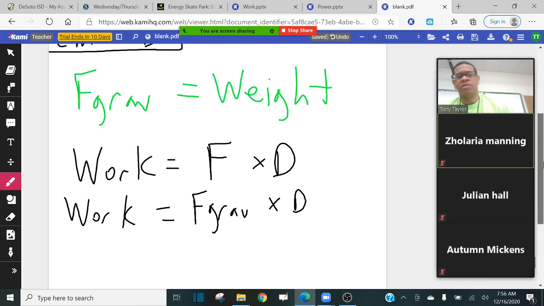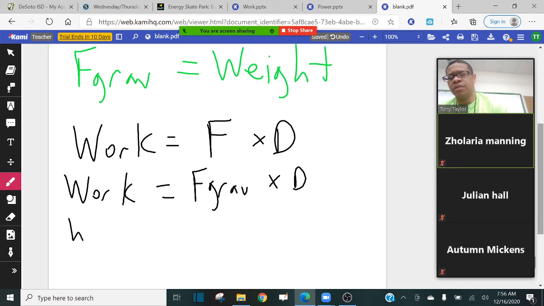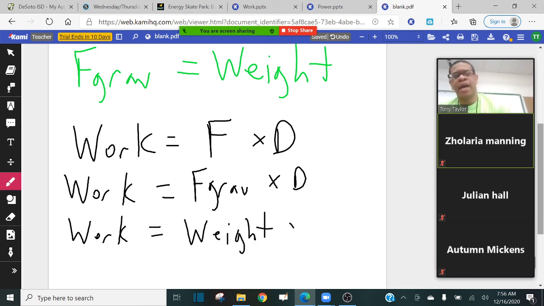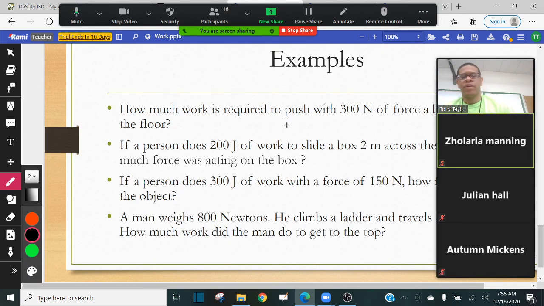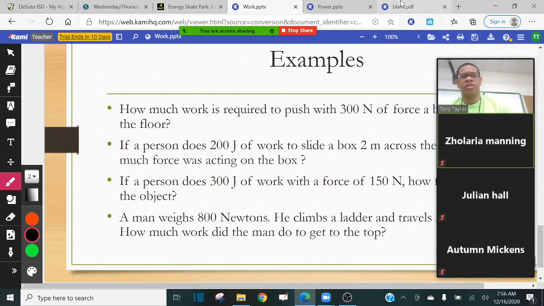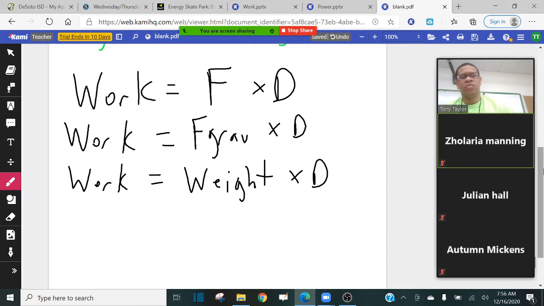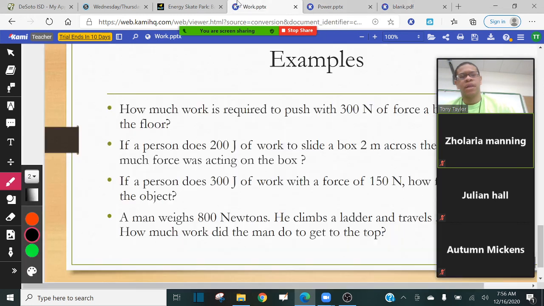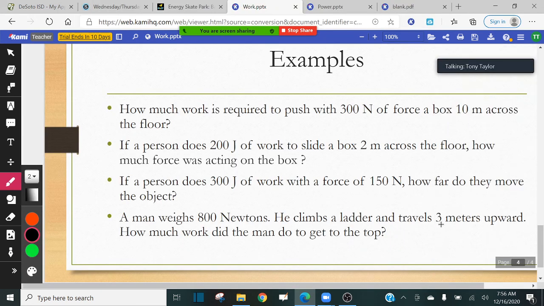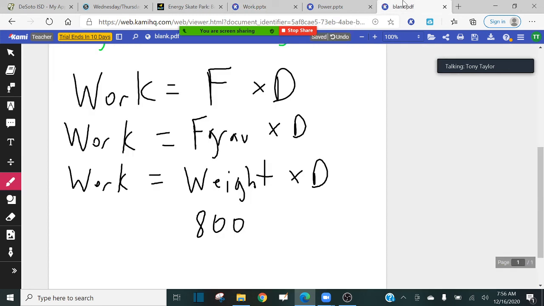So the work done by the man to get to the top is just equal to his weight times the total distance that he's traveled. Well, what is his weight? It says his weight is 800 newtons. So 800 newtons. And notice he traveled a total of 3 meters upward. So 3 is the distance.